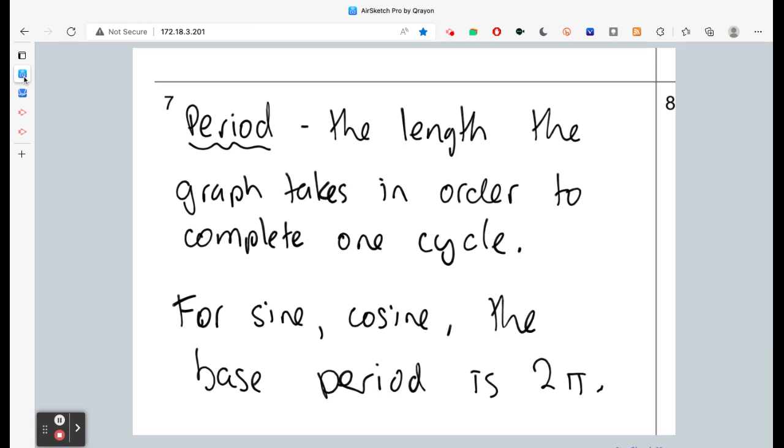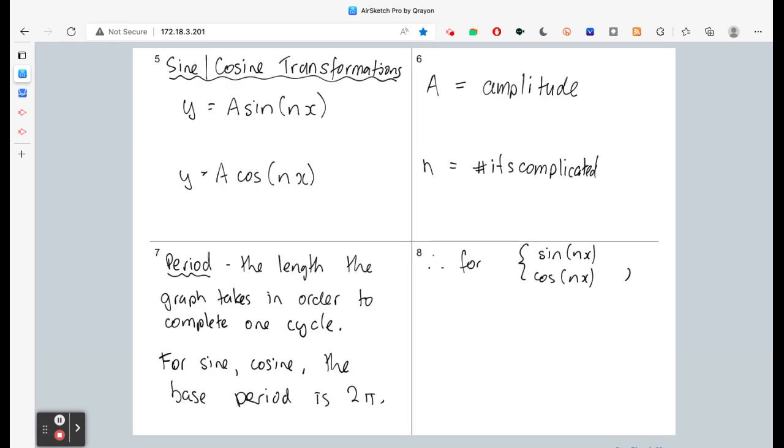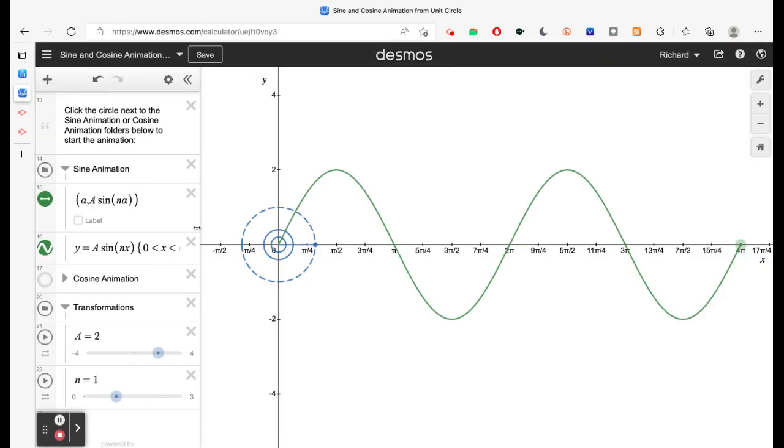What does that mean in general? Well, for sine of nx and cos of nx, as we just saw, the period is either increased or decreased depending on the value of n. So the period ends up being 2 pi divided by n. I'll leave it with this example here.